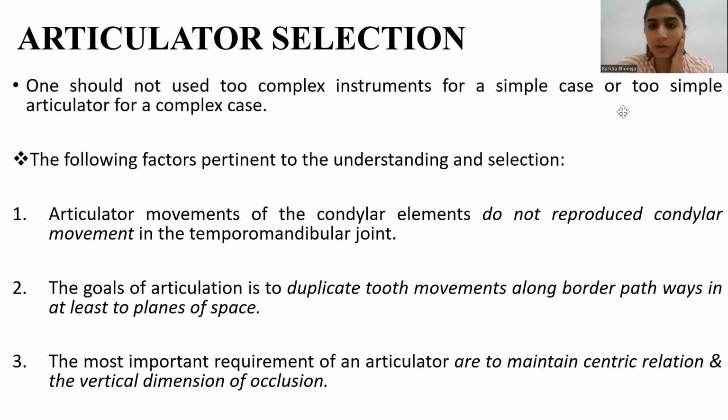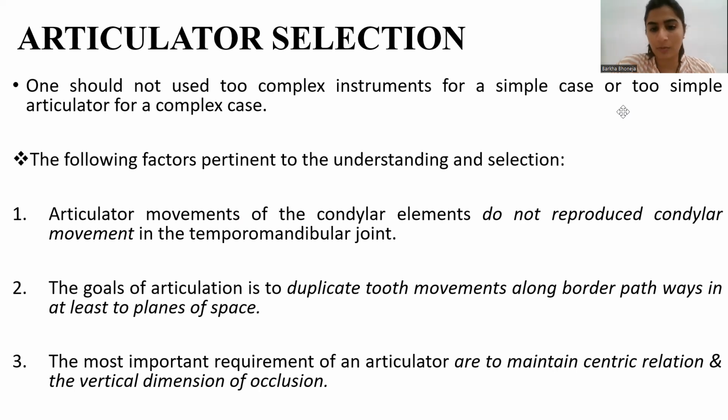You cannot just copy your condylar guidance into the articulator, but you can come to an extent where the condylar guidance is somewhat similar to that in the mouth. The goal of articulation is to duplicate tooth movement along border pathways in at least two planes of space. So the goal is, however the tooth is moving, the movement has to be the same when you are using the articulator.